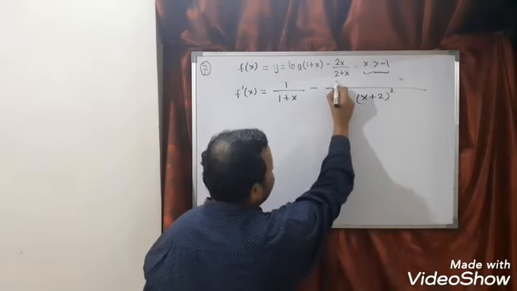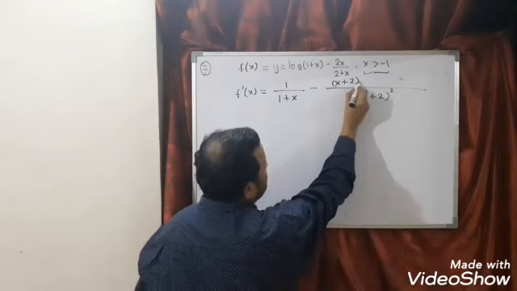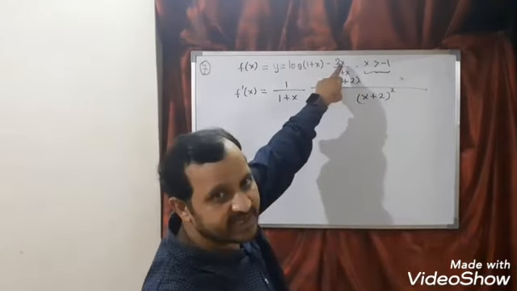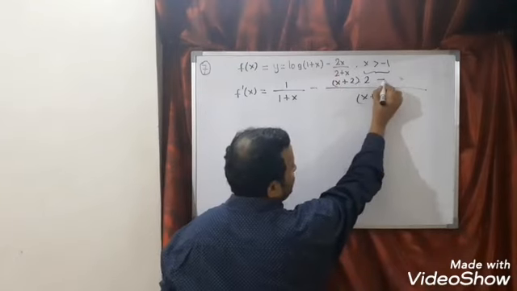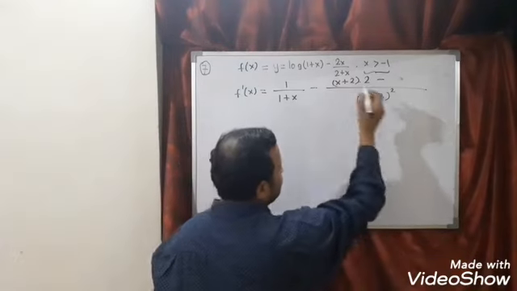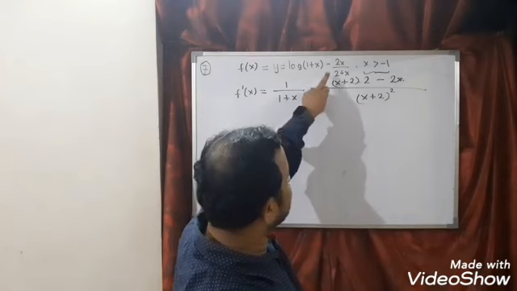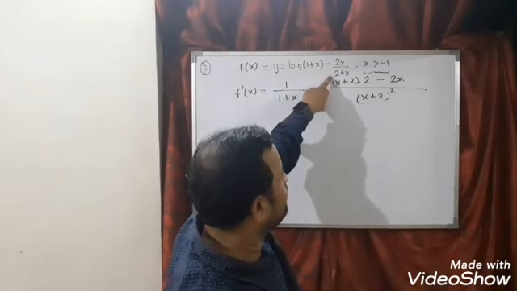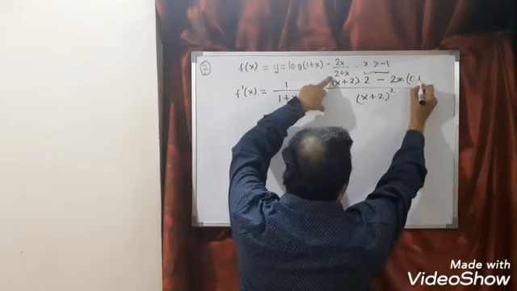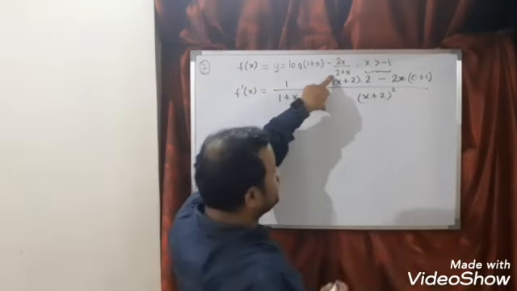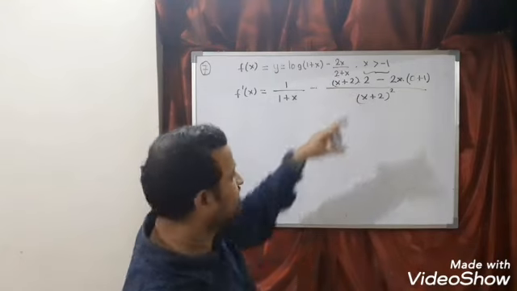So the rule is saying denominator (x plus 2) into the differentiation of 2x. What is the differentiation of 2x? It is 2, minus numerator. What is the numerator here? 2x into the differentiation of the denominator 2 plus x, and the differentiation of this is what? 2 is 0 and x is nothing but 1. So what I did here is I applied the division rule to differentiate this.